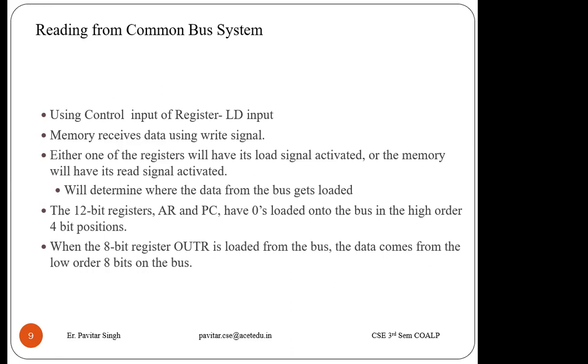The concept is that whenever the AR register is going to write onto the bus, its 12 bits will be loaded onto the 16 bits by keeping the 4 most significant bits at 0. These are your MSBs, most significant bits, and these are your LSBs, least significant bits.